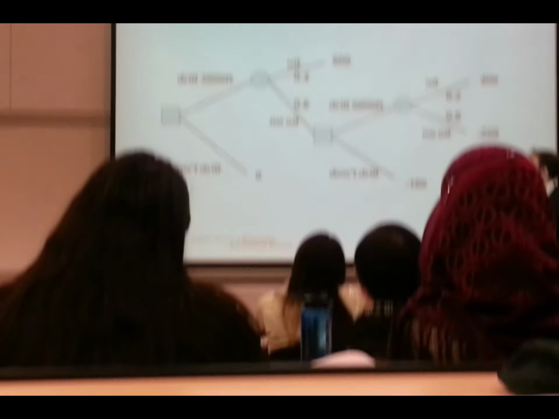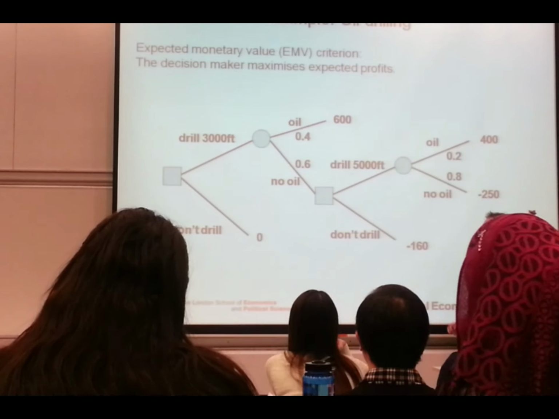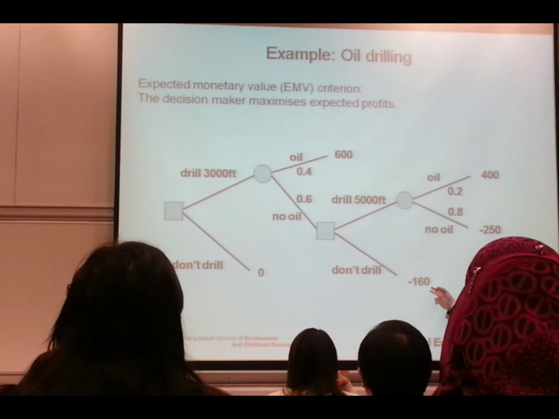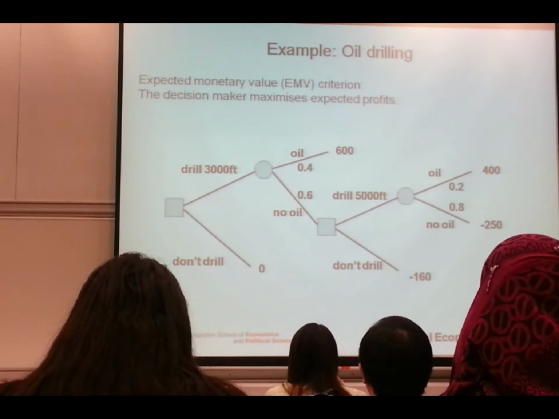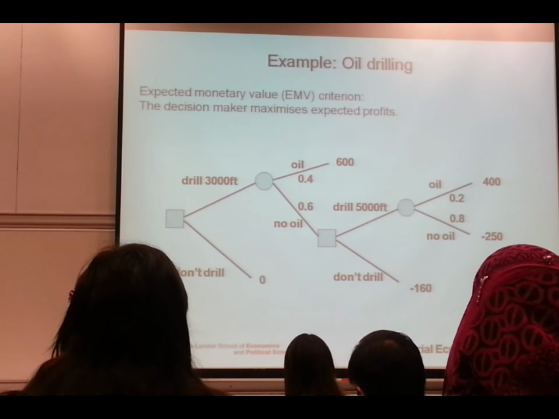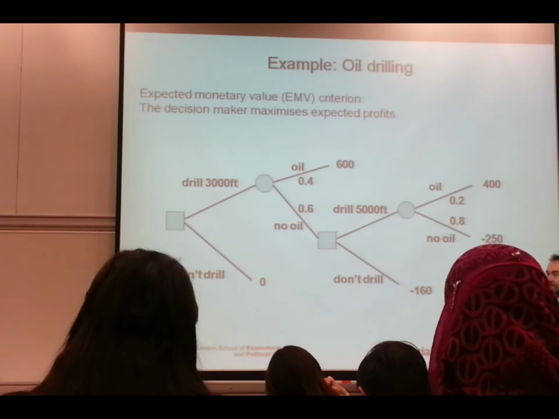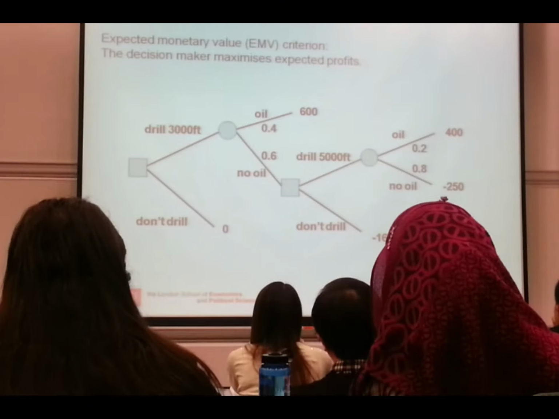We look at this node here. We know what the expected profits here are. That's minus 160. And now let's have a look at the expected profits on the other side. If we continue drilling, there's an 80% chance of losing 250. So it's 0.8 times minus 250.